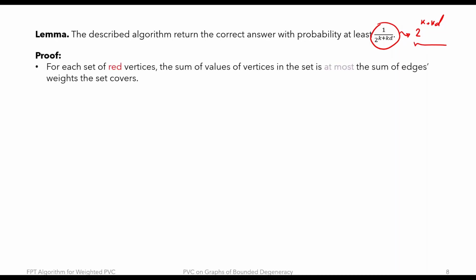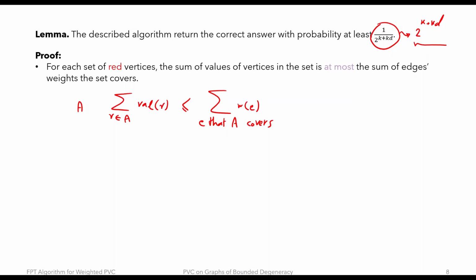The first thing that we need to prove is that for any set A of red vertices, the sum of value of vertices of the set is at most the sum of weight of edges that the set covers. Okay, so we need to prove this.